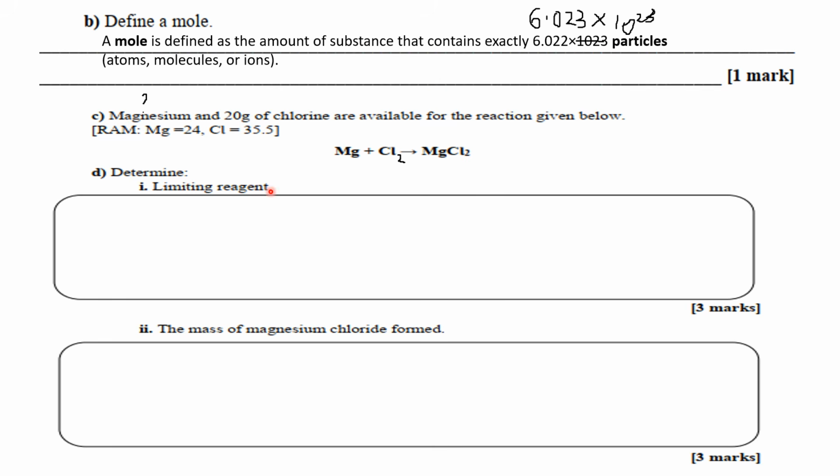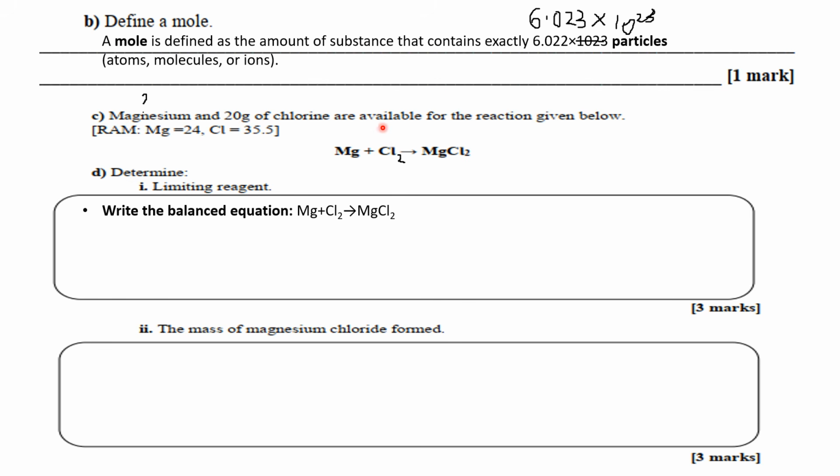So we shall change the 20 grams of chlorine to moles, basing on the equation here. How many moles are 20 grams of chlorine? That's how you start. You take the given mass, change it to moles. And you know that in Cl2, each chlorine is 35.5.